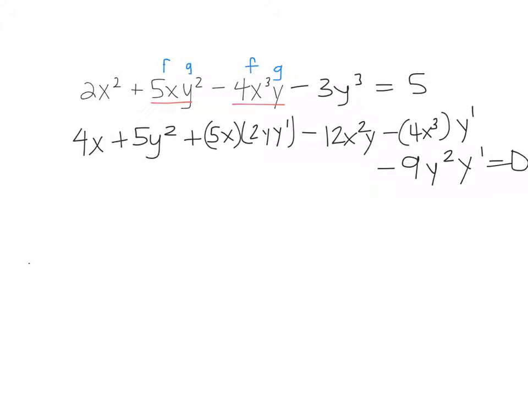Now, what you need to do is collect all your y primes on one side and your non-y primes on the other side. I identify any term that has a y prime, and I leave them on this side. I would simplify the first one, 5x times 2y prime, that's 10xy prime.